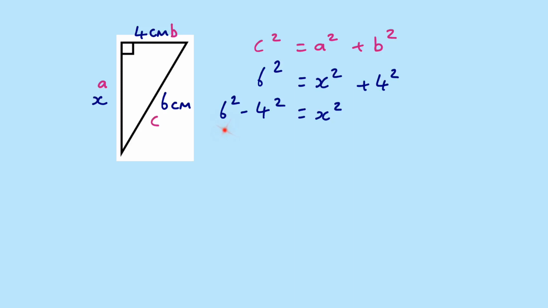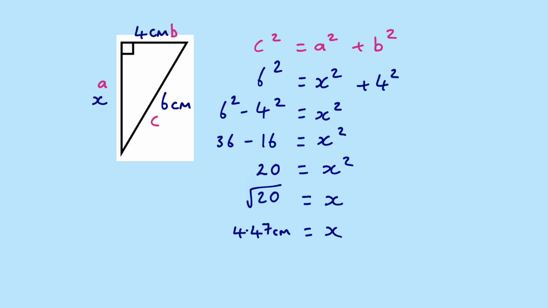So 6 squared, which is 36, minus 4 squared, which is 16, equals x squared. That leaves us with 20 equals x squared. Taking the square root of 20 so we can find x.